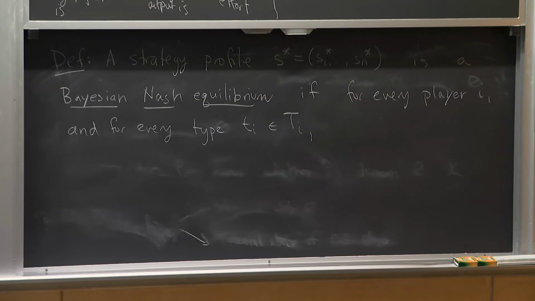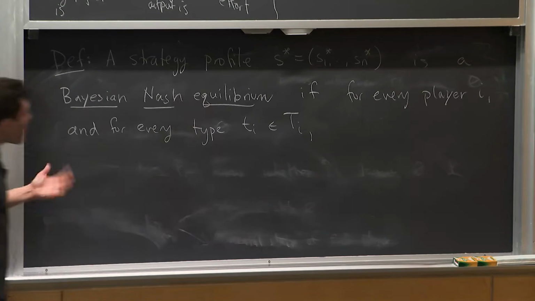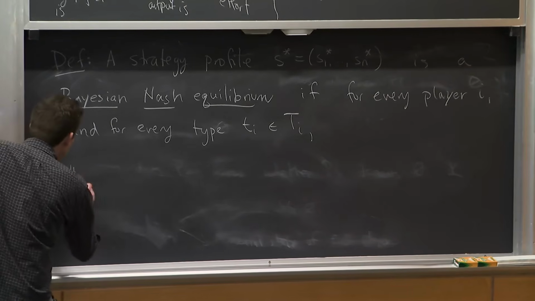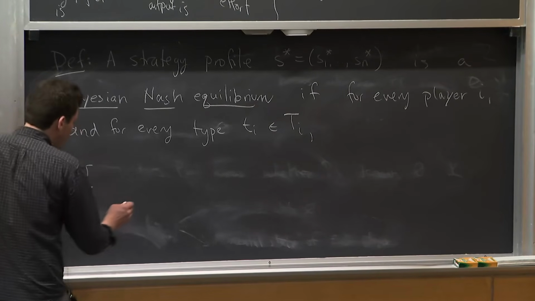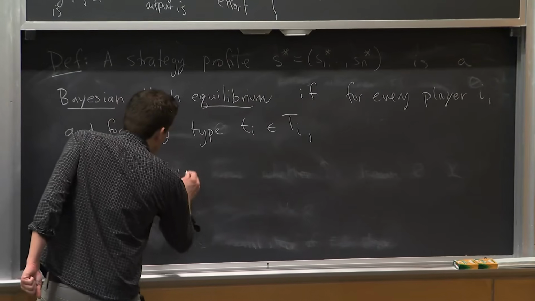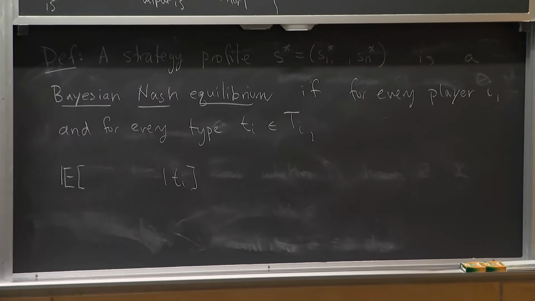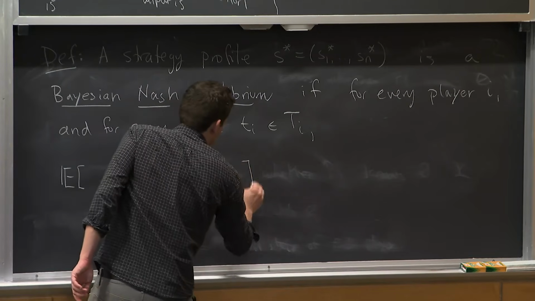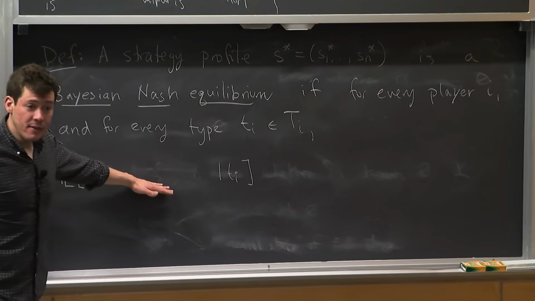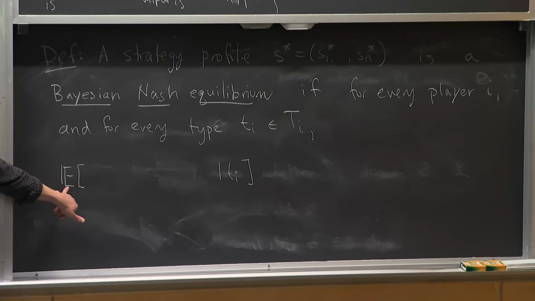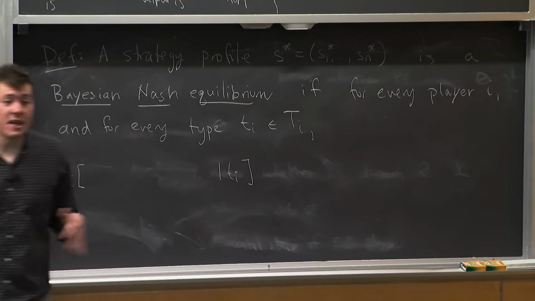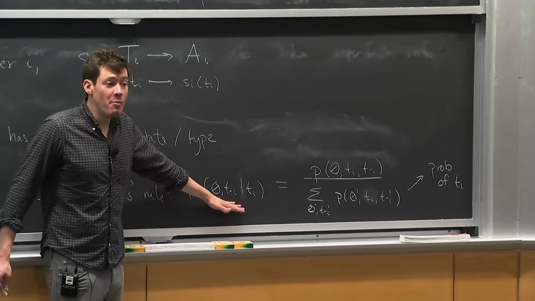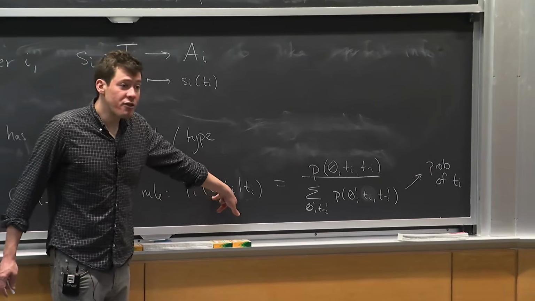First, let's compute the expected payoff of the player of type ti. We're going to take an expectation. When I write the expectation given ti, I'm saying that given ti, I can compute conditional probabilities of these other things.